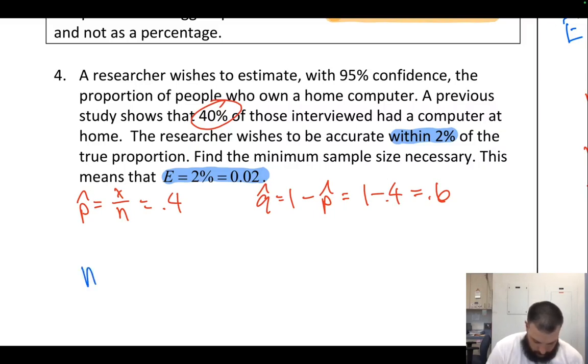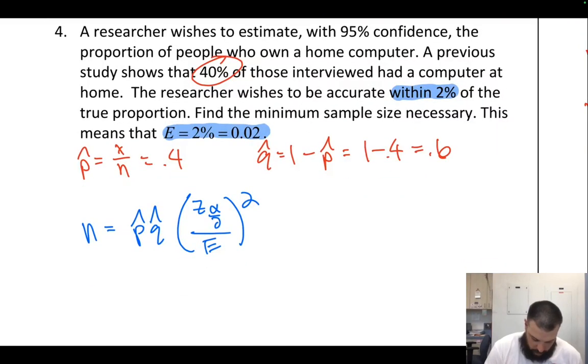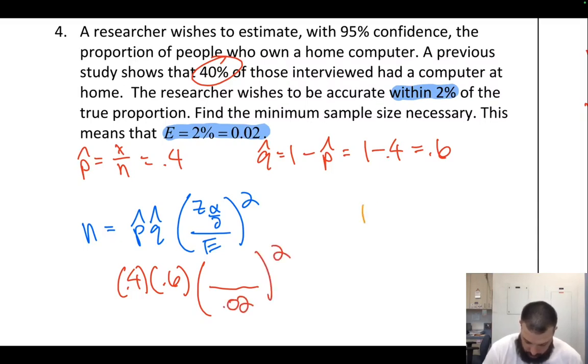So we get n equals p hat times q hat times z alpha over 2 over E all squared. So substitute our values in. All right, so p hat is 0.4, q hat is 0.6. We know our E is 0.02, and then we need to find z alpha over 2.